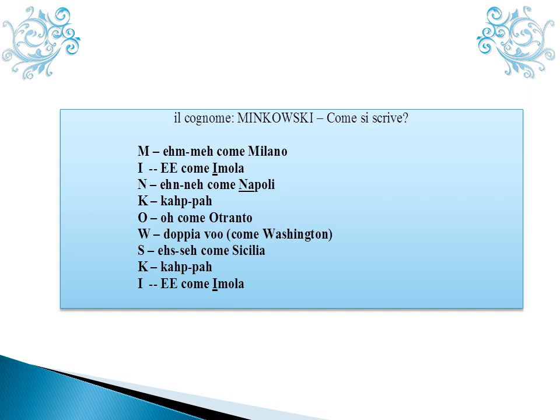You would say, M come Milano, I come Imola, N come Napoli, K, O come Otranto, doppia V come Washington, S come Sicilia, K, I come Imola. The 5 foreign letters are not usually assigned a phonetic word to assist in spelling.